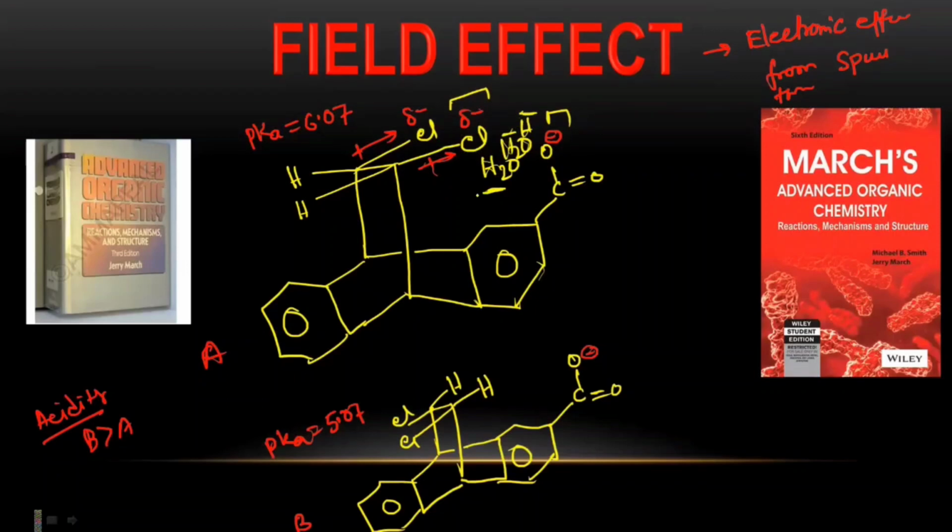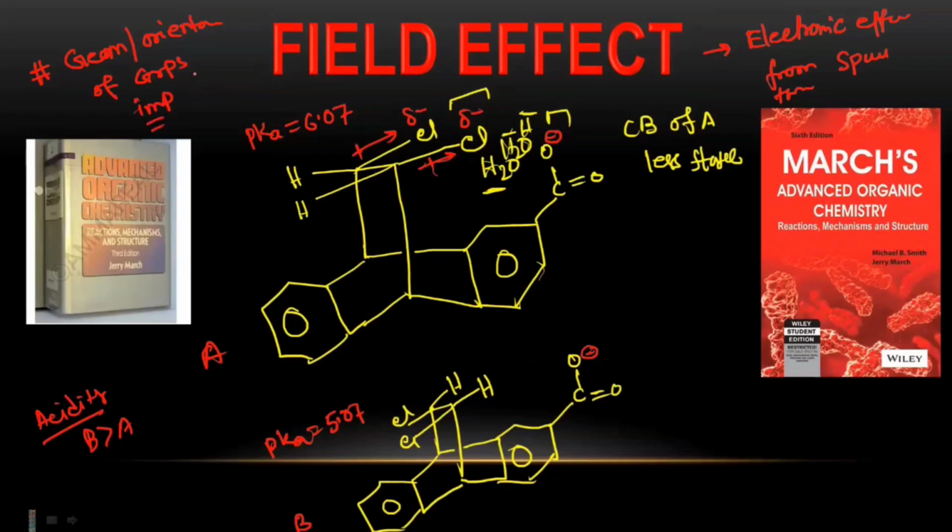So for this, the first conjugate base, that is the conjugate base of A, will be less stable, and that's why it is less acidic. So the conjugate base of A is less stable. So this is field effect, and this field effect is a kind of electronic effect, but the difference from other electronic effects is that here the geometry or orientation of groups is important.